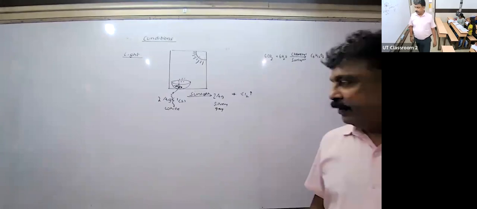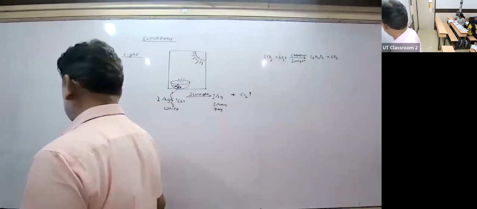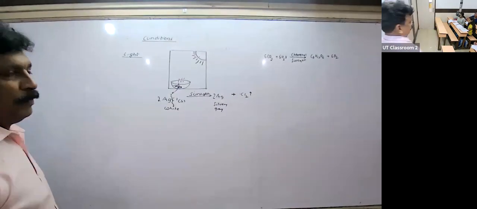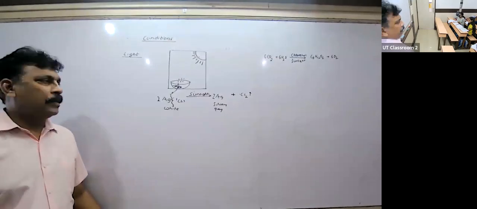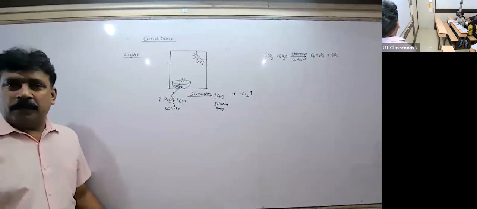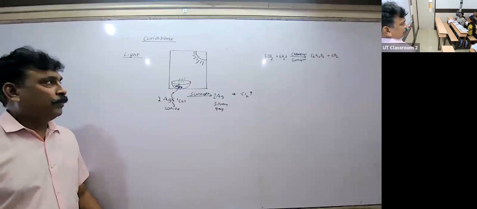Silvery gray. Yes, gray deposit, gray silver will be. Okay. Yes. Now there is one more, for example.